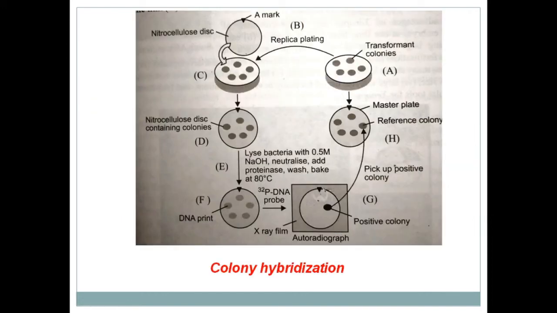Now we come to the third method, which is the colony hybridization method. You can see here a few steps. The first step is A, that is we are growing transformant colonies on a petri plate.